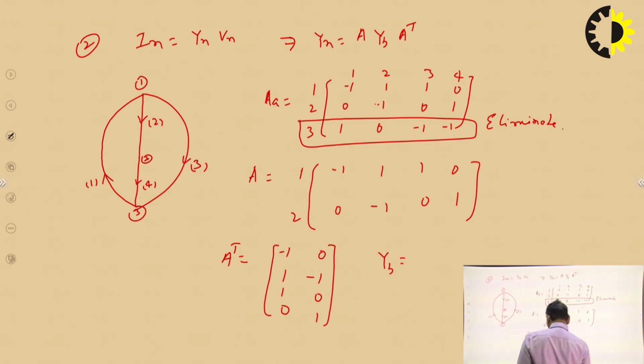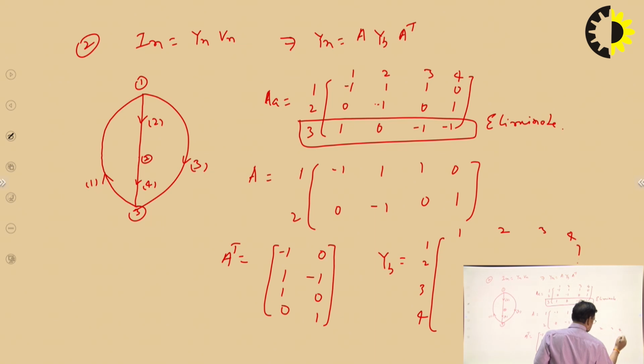So YB is coming, I am writing here directly. What is YB? So YB is 4 by 4, 1, 2, 3, 4. So YB I am writing here 1, 0, 0, 0, then 0, 0, 0. Now it is 4 by 11s.